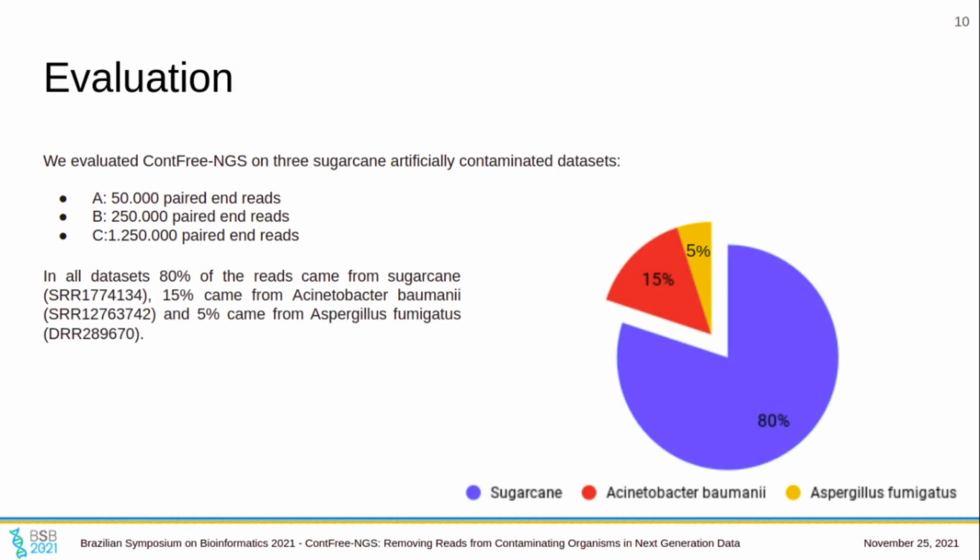In all these datasets, 80% of the reads came from sugarcane, 15% came from the bacteria Acinetobacter baumannii, and 5% came from the fungus Aspergillus fumigatus. So here is the representation of the taxa in these datasets.